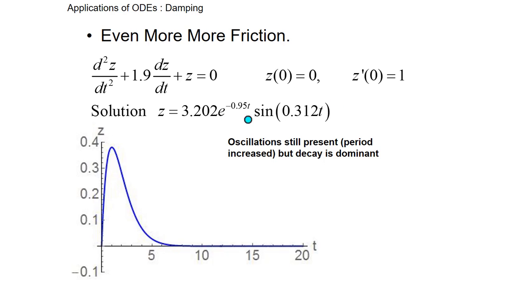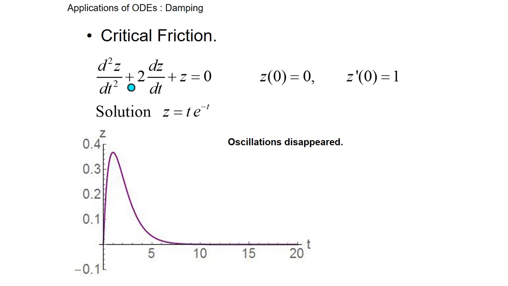But when we look at the algebraic solution, we can see that, yes, we do have a sine term here, so there will be oscillations, but things are really decaying quite quickly, so any oscillations are small. But just increasing the parameter that little bit further, critical friction, critical damping.